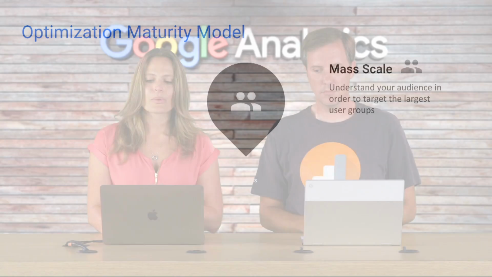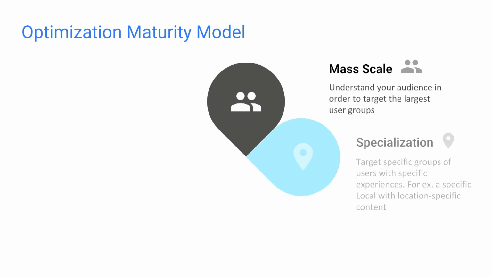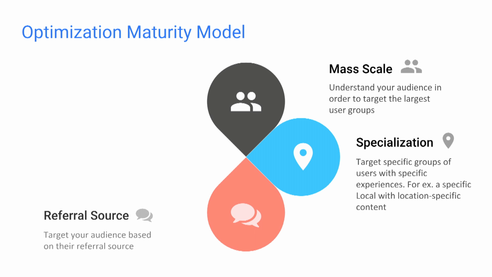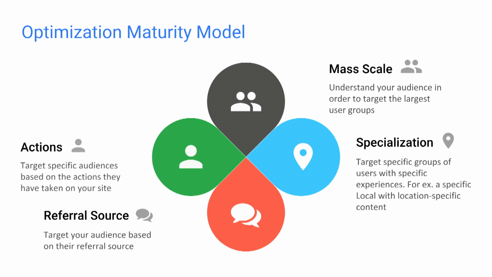I see this as a model for best practices, for maturity through this process, for going from just starting out in A/B testing all the way to personalization and really hitting it home with very unique experiences for your users. So we have mass scale, specialization, referral source, and actions to make up this maturity model. And we're going to walk through each one of these one by one.